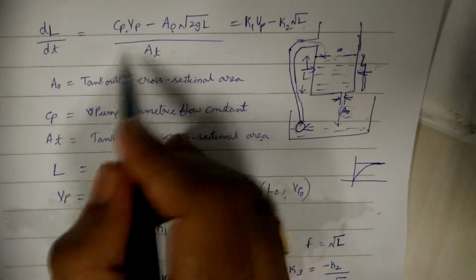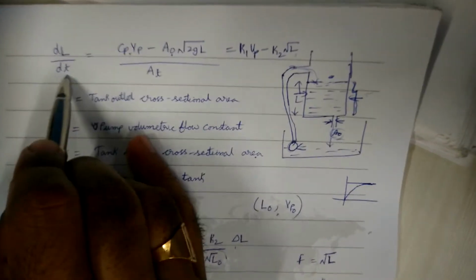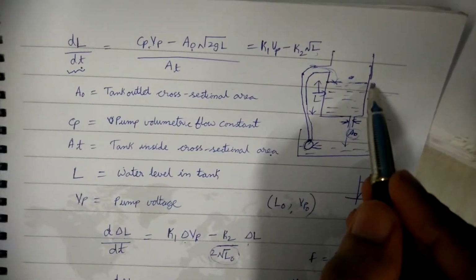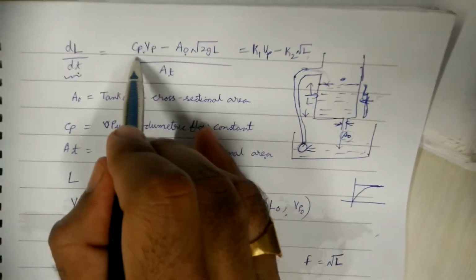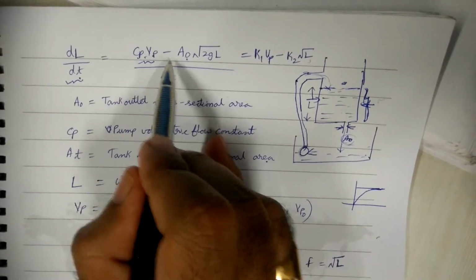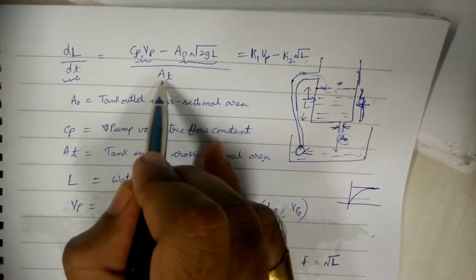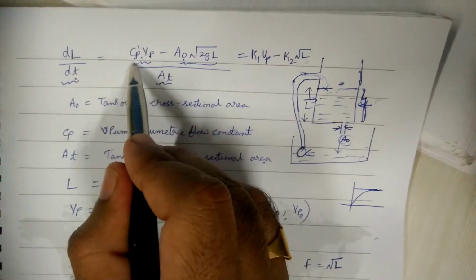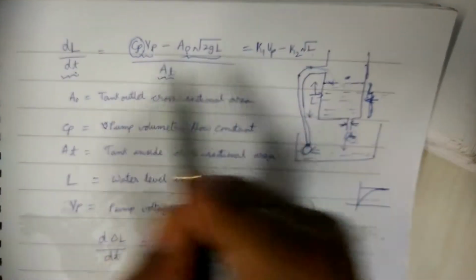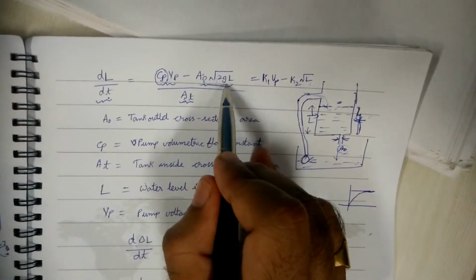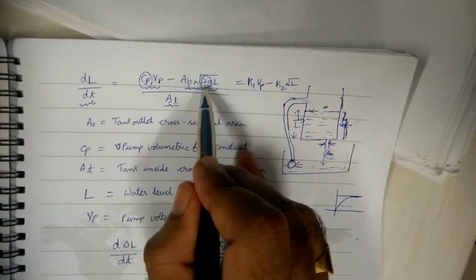So the differential equation governing this particular system is given by this. The rate of change of the water level depends upon the input flow rate, Cp into Vp, minus the output flow rate, divided by At. For a given system, Cp is constant, the areas At and A0 are constant, and 2g, the gravitational constant, is also constant.